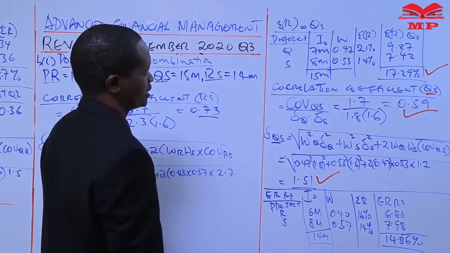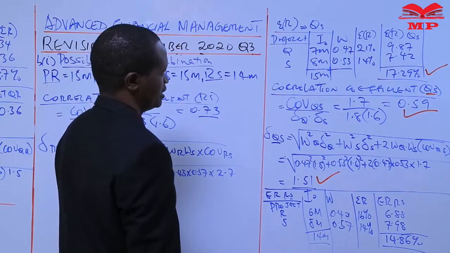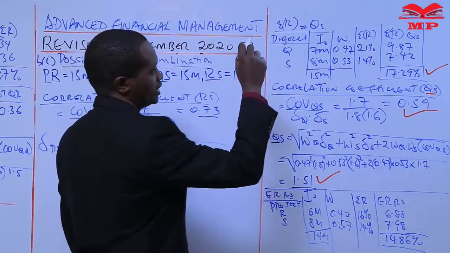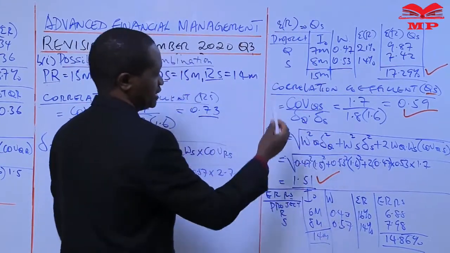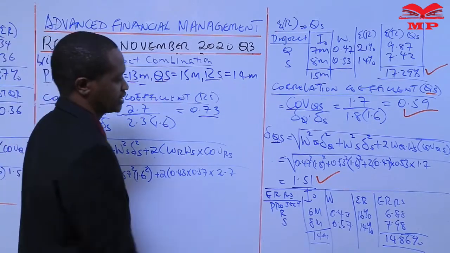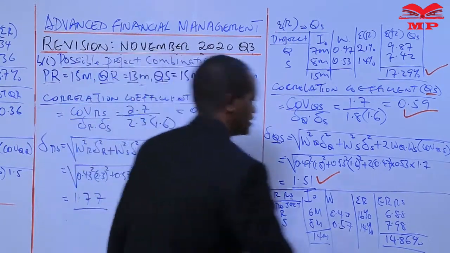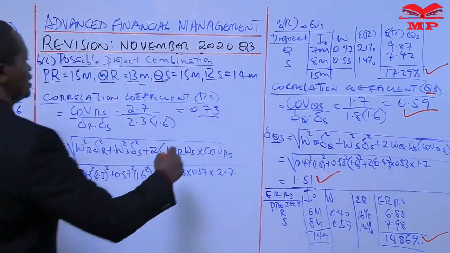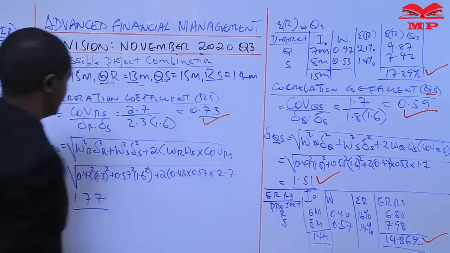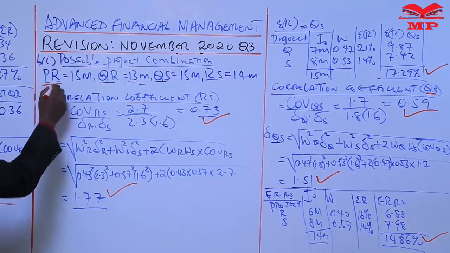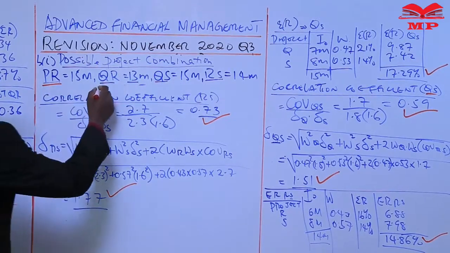For project RS, we've calculated the expected return, the correlation coefficient, and the standard deviation. We did the same for project PR, and the same for project QR.